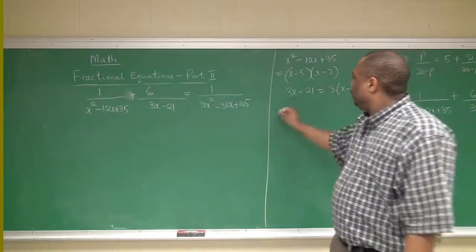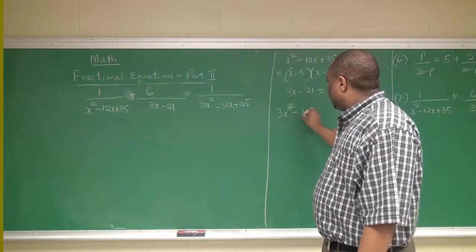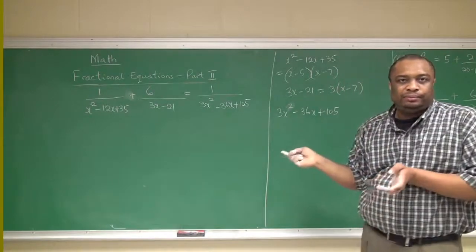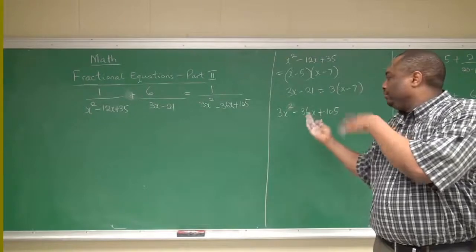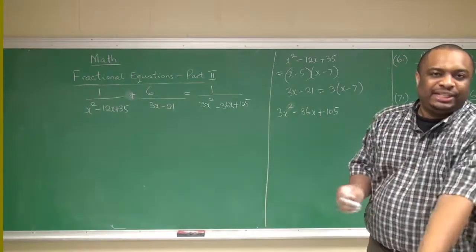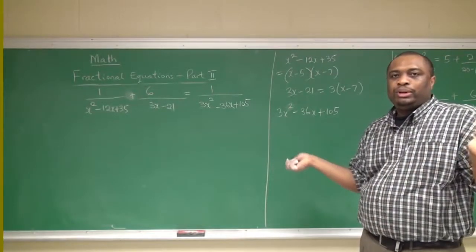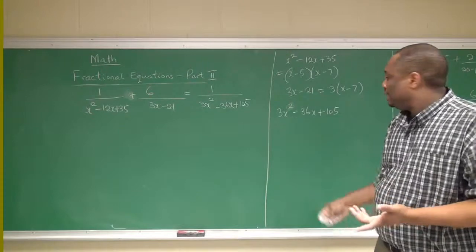And then if we factor 3x squared minus 36x plus 105, before you apply factoring of the quadratic trinomial, first of all factor by GCF, because something is common here, and that is 3.